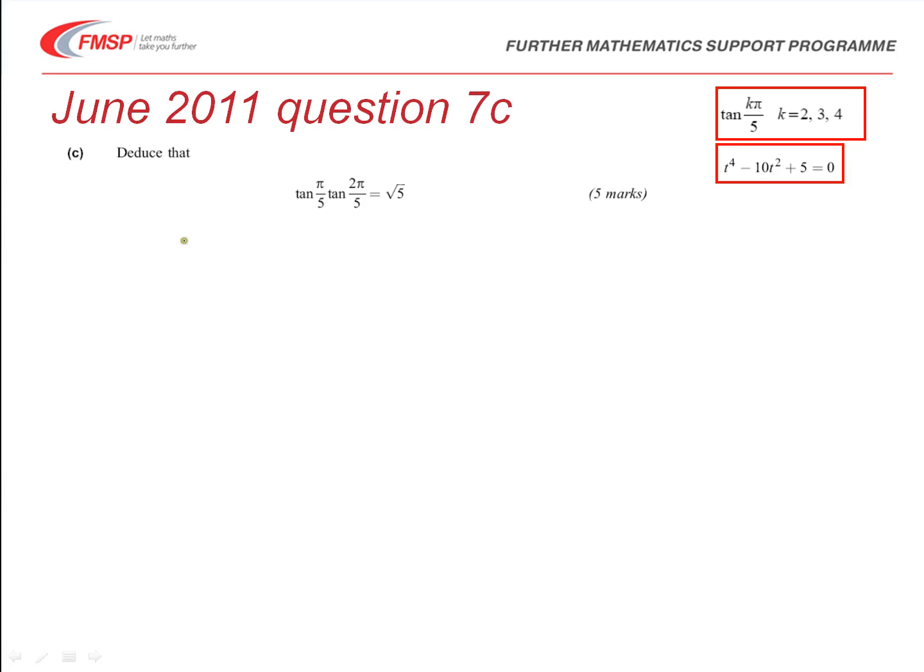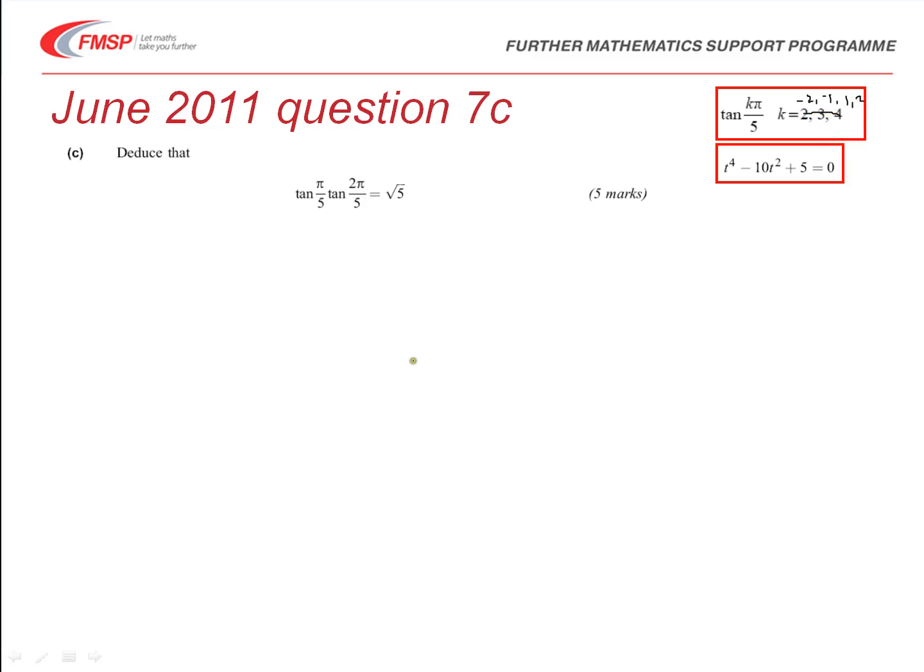Alright, well, into part C of this question it says deduce. So this means it follows on from. Sorry, when I prepared this I put k as 2, 3 and 4. Actually I've just used, in this case, minus 2, minus 1, 1 and 2, haven't I?